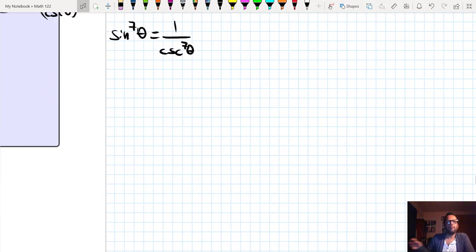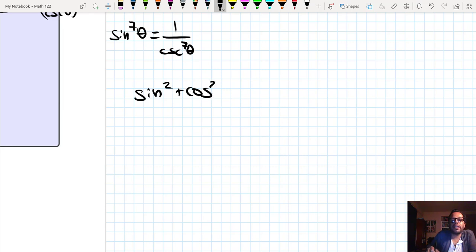So let's see. Sine squared plus cosine squared equals 1. Okay, I'm going to subtract sine squared on the one hand to obtain this trigonometric identity.